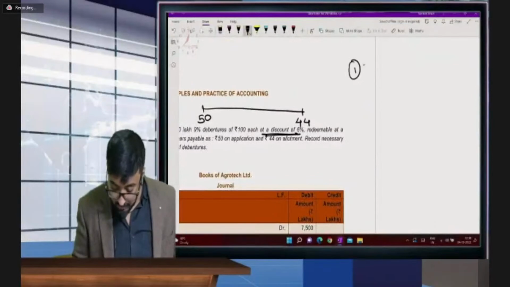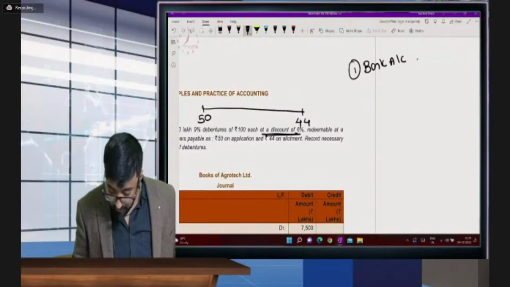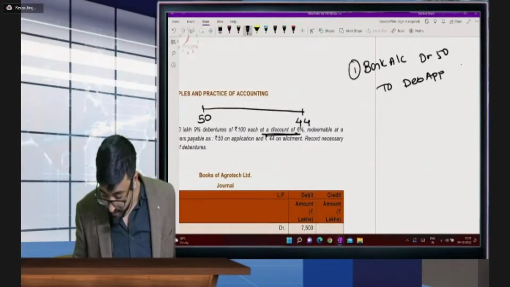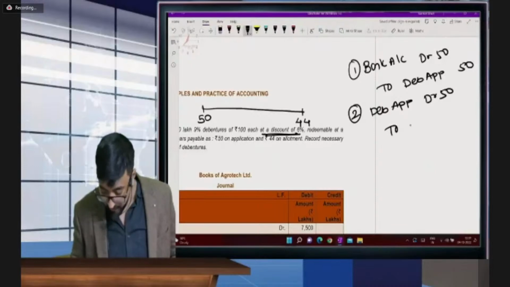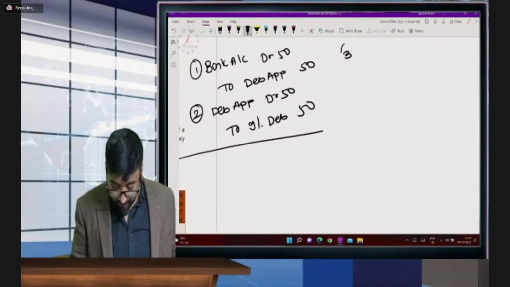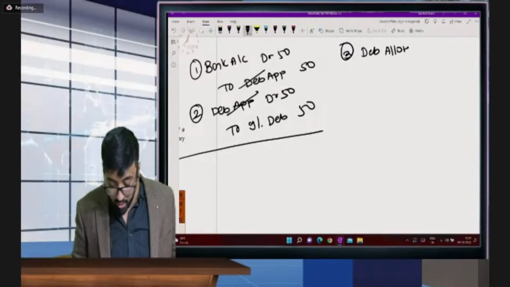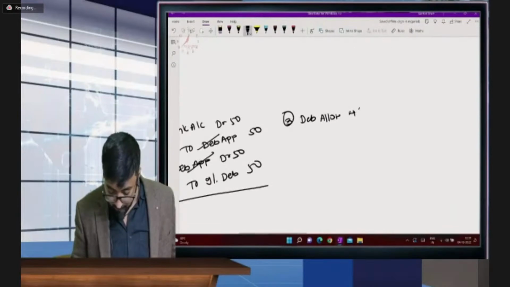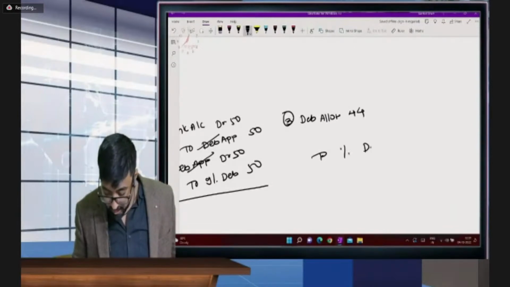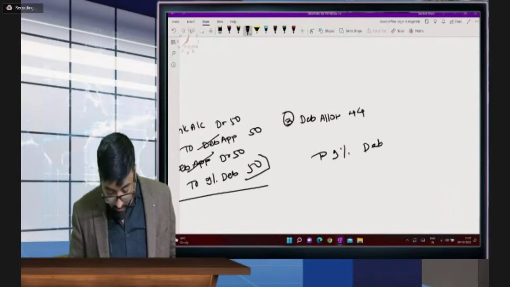So, first entry. Bank account debit 50 to debentures application 50. Debentures application debit to 9% debentures 50. Application cancel. Debentures allotment 44 to 9% debentures, already you recorded 50.